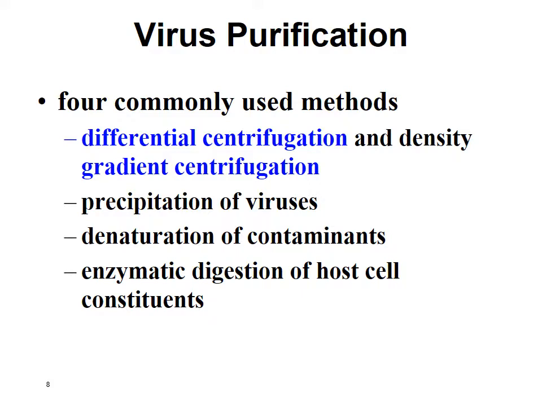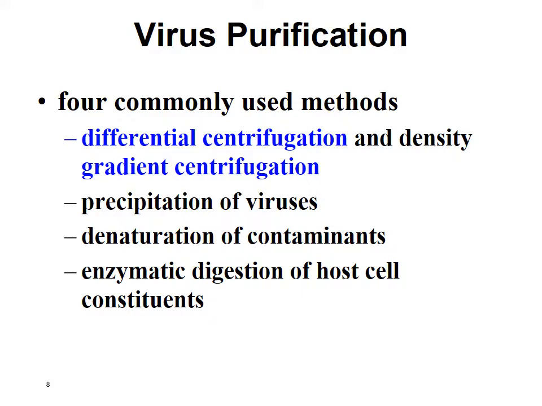And although these two procedures remove most of the host cell material, some cell components may still remain. Then we can use precipitation using, for example, ammonium sulfate at a concentration just below that needed to precipitate the virus particles. So many of the host cell components are precipitated while the virus remains in solution.